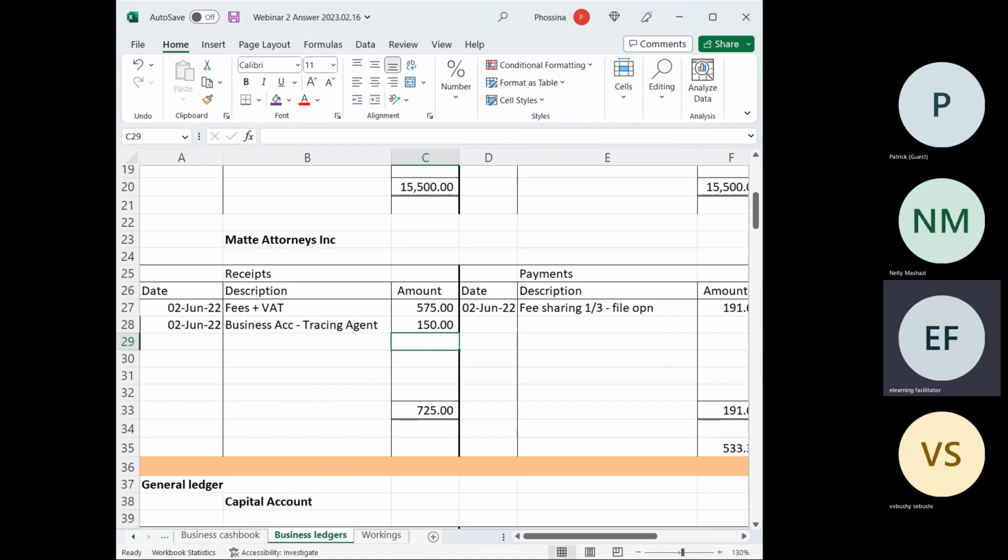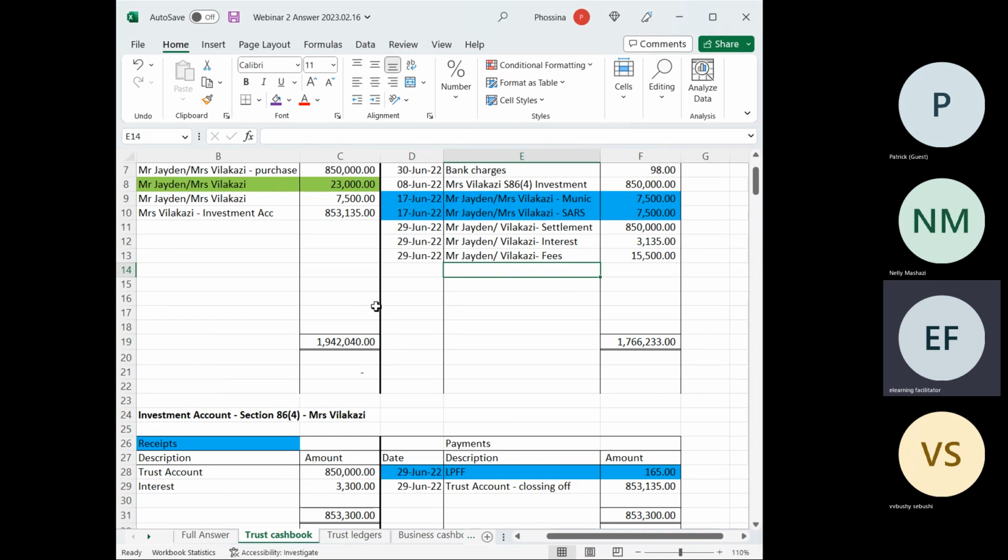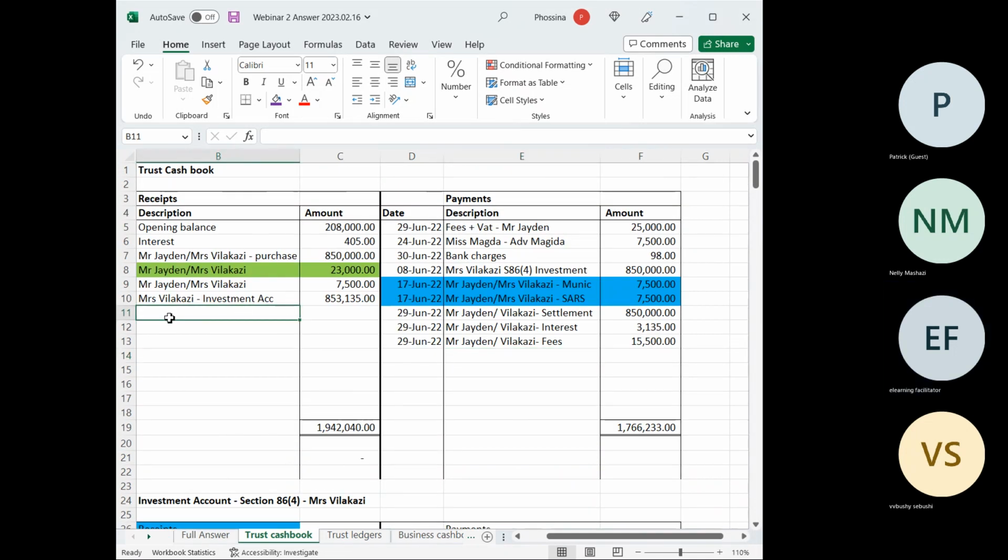And then 28 June 2022, we are told Supreme Services, which is the data, paid 15,000 into our trust banking account. We are just receiving money. It's money received.